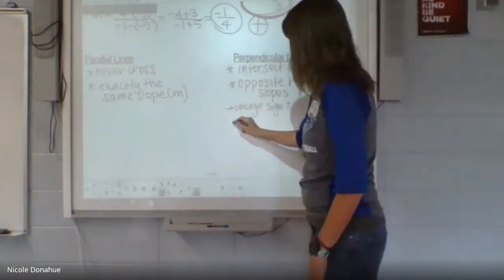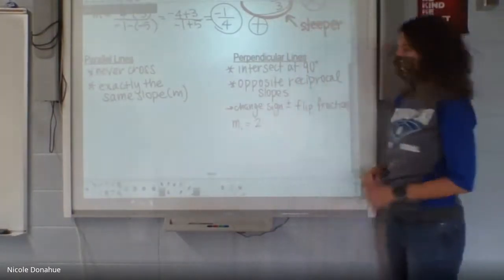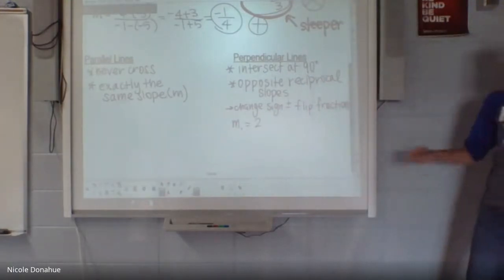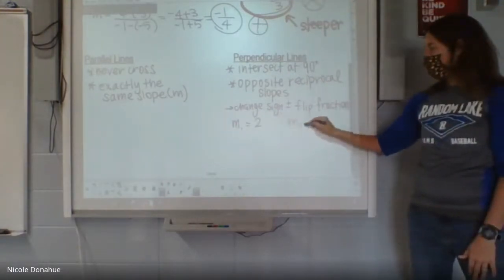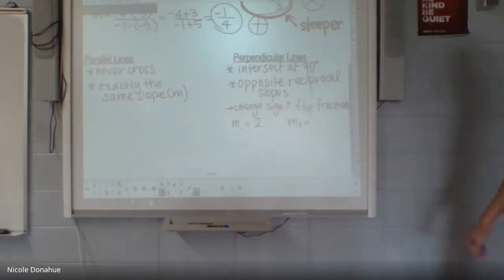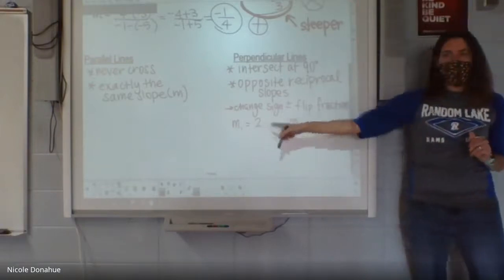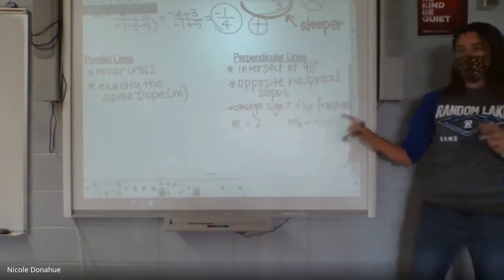So if my first slope is 2, what do you think my opposite reciprocal slope would be then? Negative? Yeah, so it's negative because this one's positive, this one's going to be negative, but we have to flip the fraction.